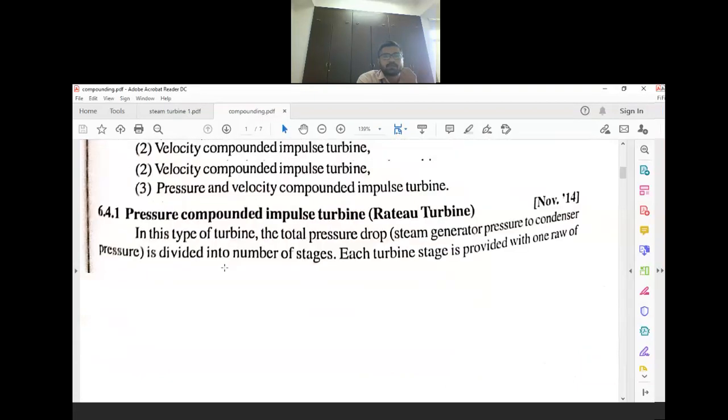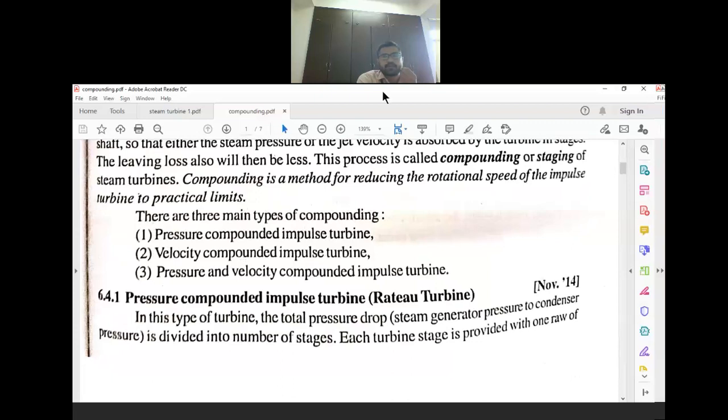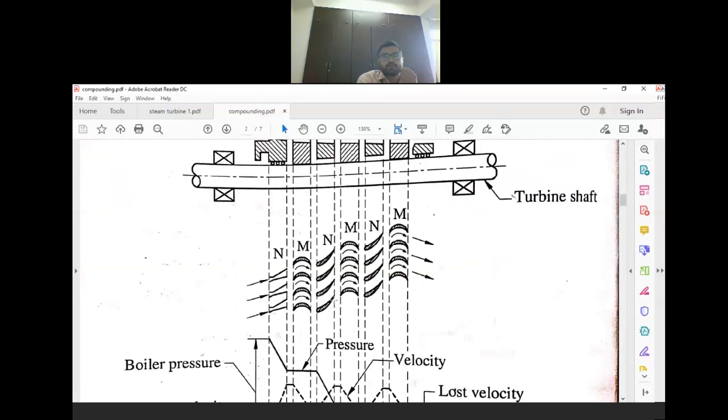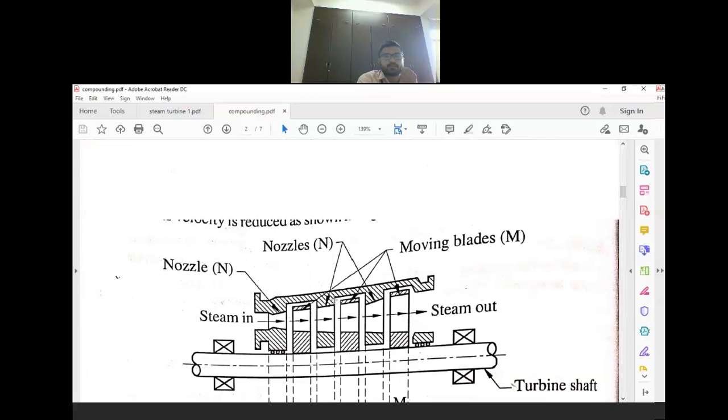So initially three types of compounding are there. Which are those? Pressure compounding, velocity compounding, and pressure and velocity compounding. Clear? Let us start with pressure compounding.